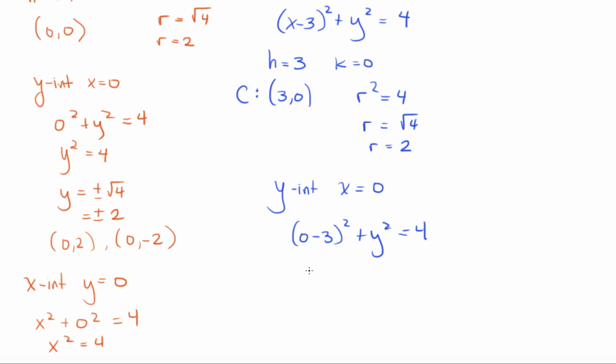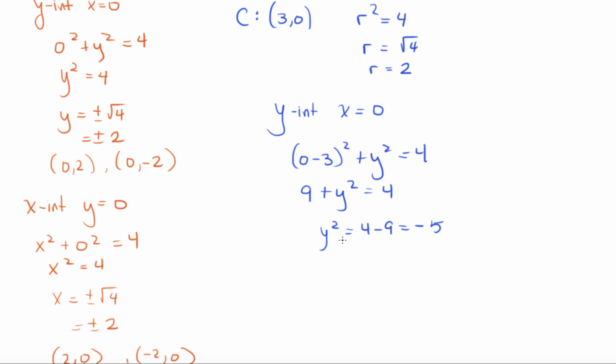Negative 3 squared is positive 9, so y squared equals 4 minus 9, which is equal to negative 5. Now, can you have a negative square root? The answer is no. Therefore, that means that this circle does not cross the y-axis. So it has no y-intercepts.